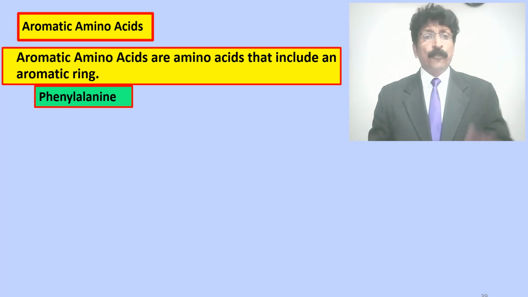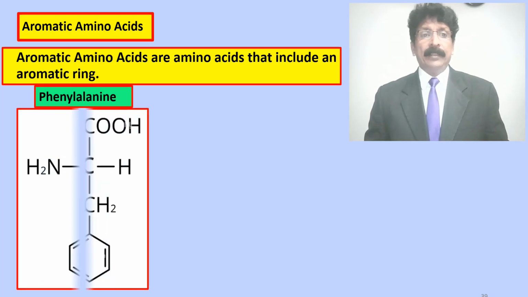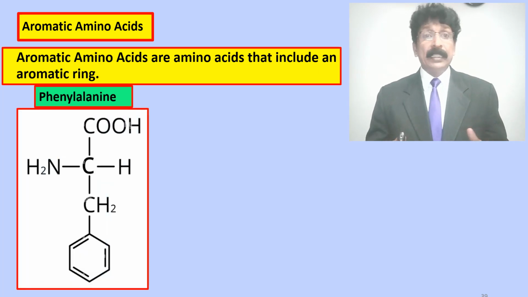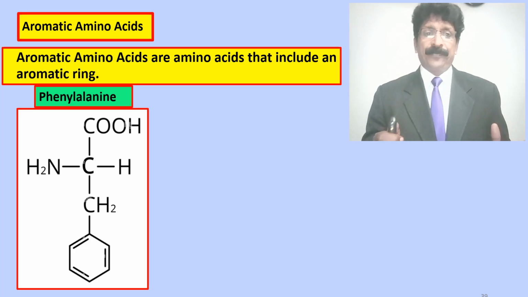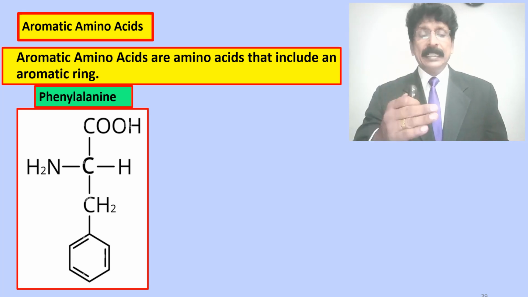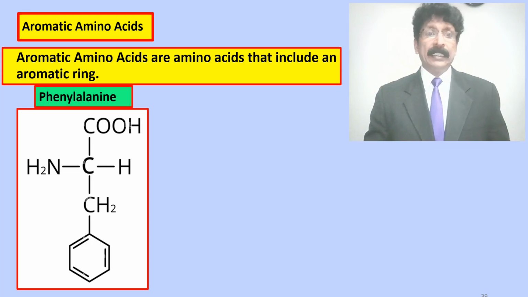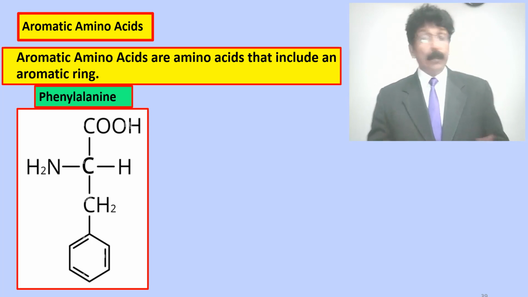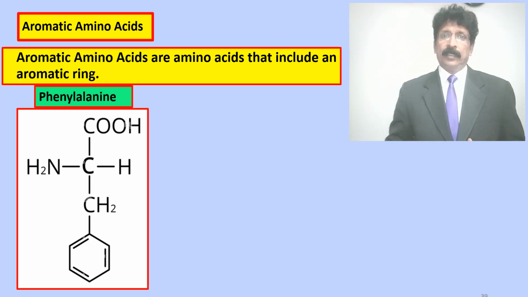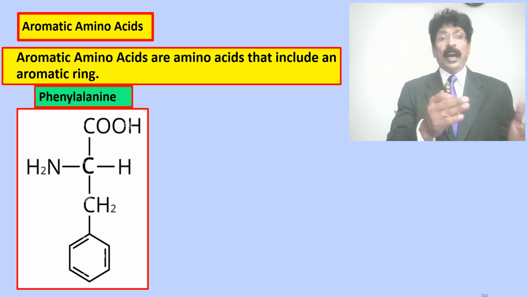So phenylalanine, you see a benzene with CH2, CH, NH2, COOH. A pyruvic acid is attached with a benzene ring, 3 carbon atoms with an amino group. So this is phenylalanine.